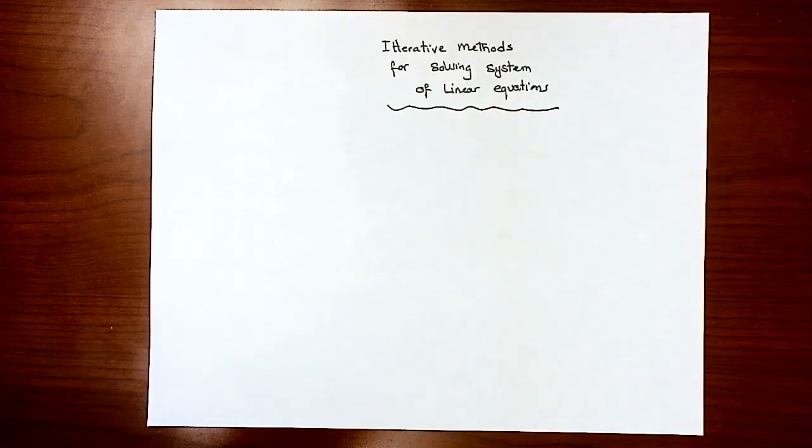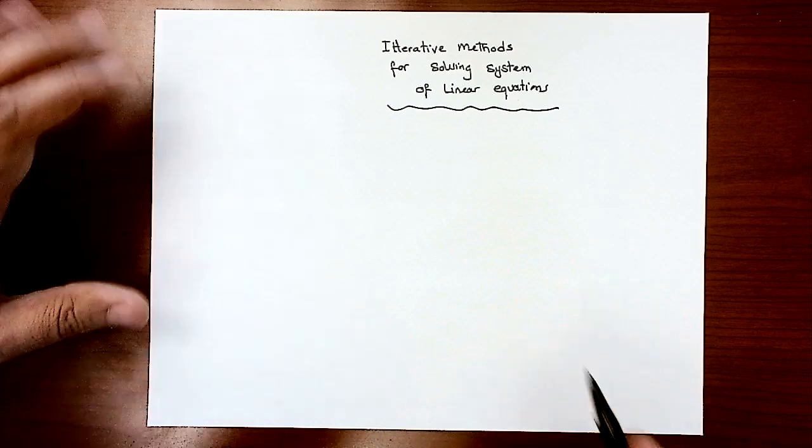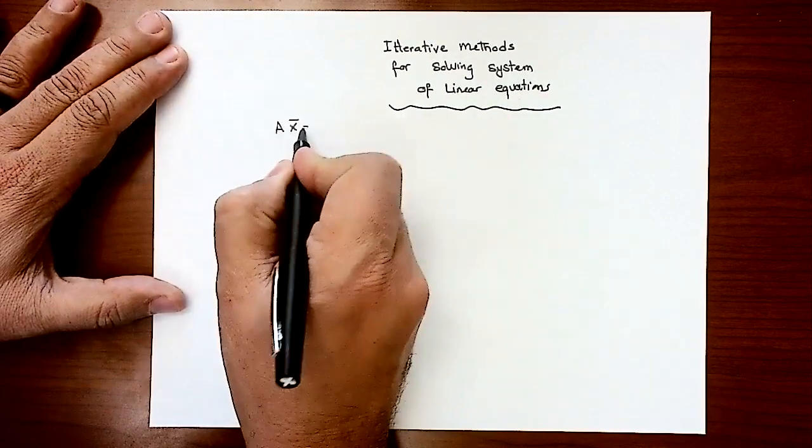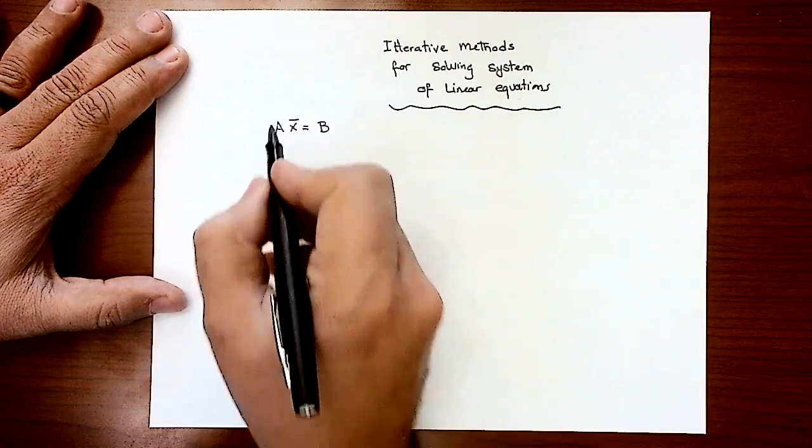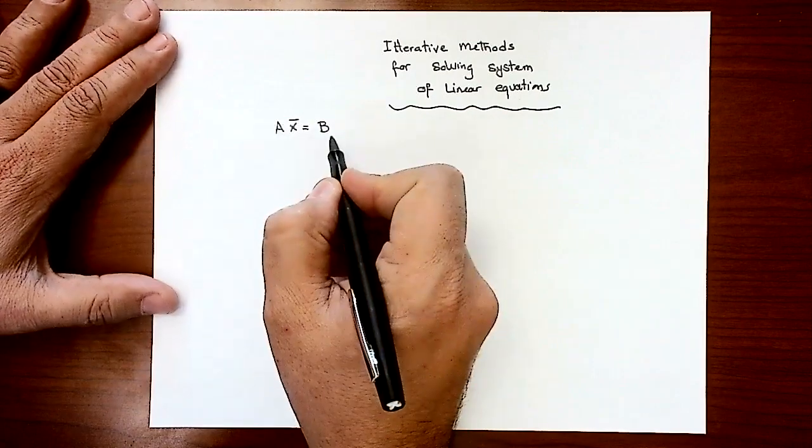In this video, I would like to share with you a couple of iterative methods that we use for solving systems of linear equations. In the previous examples that I covered, solving the one-dimensional heat conduction problem using the backward and central finite difference methods, I solved the system of linear equations using the matrix approximation, which is A X equal to B, where A is the coefficient matrix and B is the free term matrix.